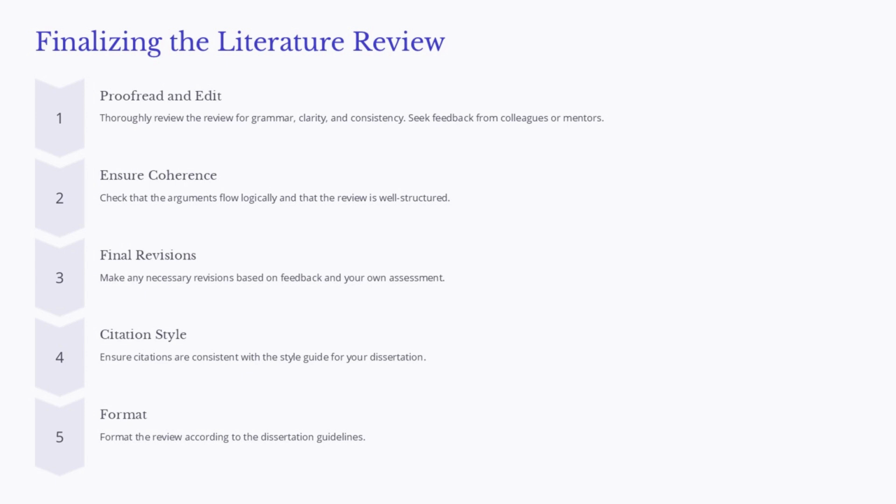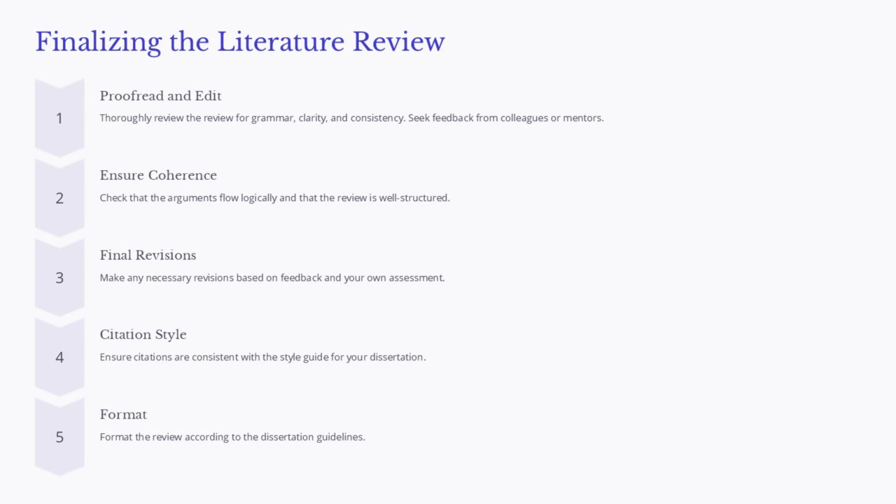Now that you've completed the initial draft of your literature review, it's time to finalize it before including it in your dissertation. First, you'll want to thoroughly proofread and edit the review. Check for any grammar issues, lack of clarity, or inconsistencies. Getting feedback from colleagues or mentors can be very helpful at this stage. Next, ensure the arguments flow logically and that the overall structure of the review is coherent and well-organized.